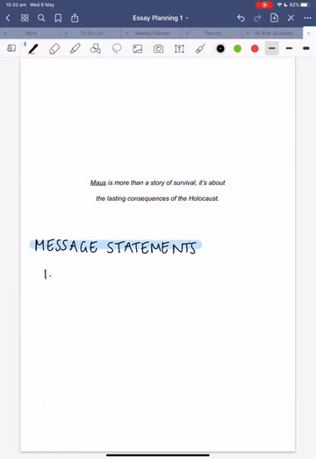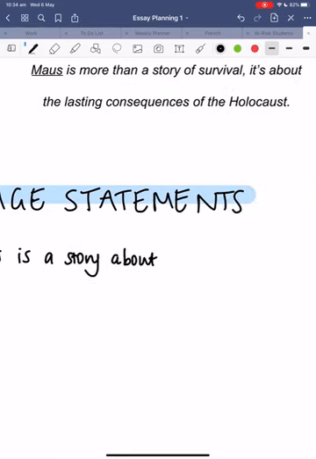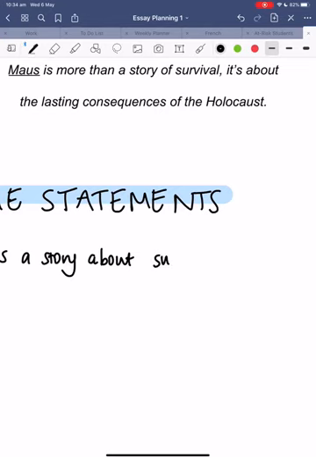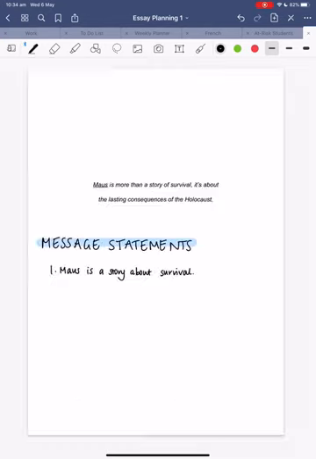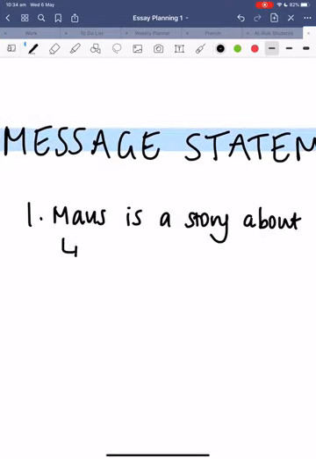Okay, so Maus is a story about survival. Great. Okay, cool. Now I'm going to start thinking about some evidence. So what's some evidence for this? Well, Vladek's story.